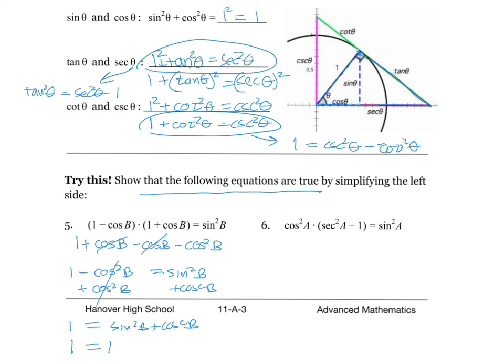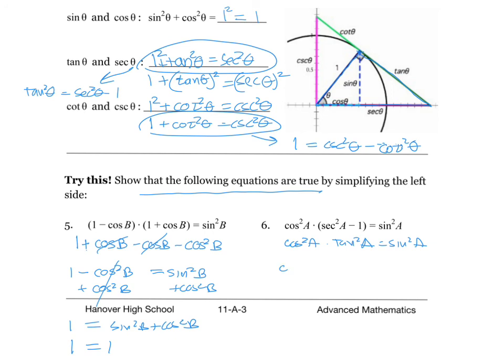So let's go rewrite this. This is cosine squared a times tangent squared a equals sine squared a. Let's see, how's this working out? Well, tangent is equal to sine over cosine.